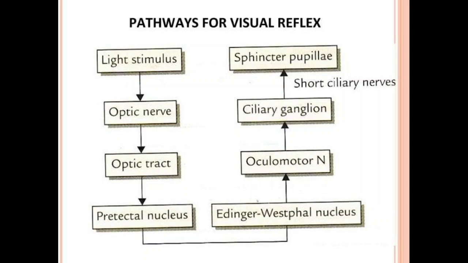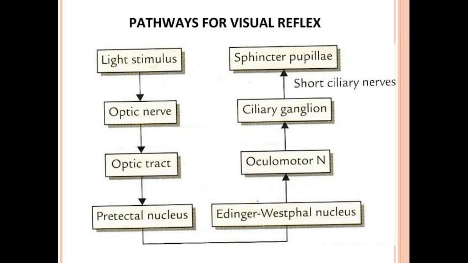The pathway for the visual reflex. The pathway for the visual reflex that controls the constriction of the sphincter pupillae in response to a light stimulus involves several structures in the brain and the eye. First, light enters the eye and is detected by the photoreceptor cells in the retina.